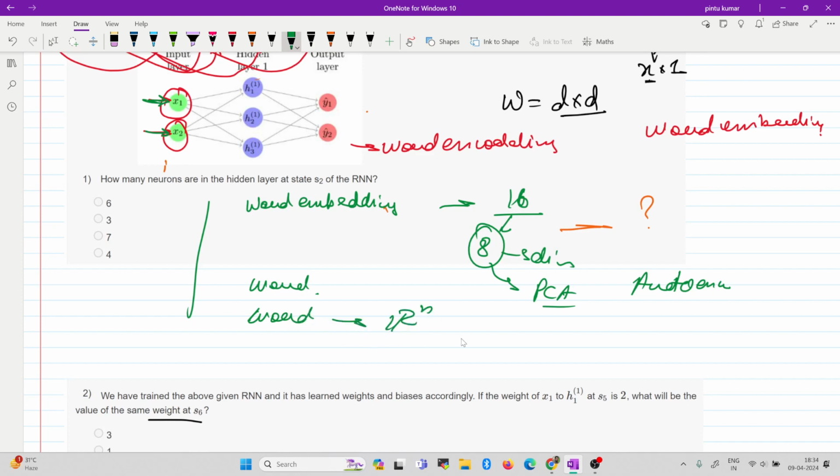So this n is the dimension of your embedding. The length of your vector is the dimension of your embedding. That is what we mean by dimension when we talk about embeddings: the length of the vector in which your word is encoded.